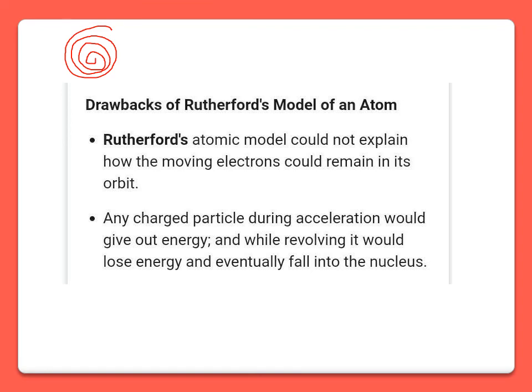It will fall down in the nucleus. So Rutherford could not explain how the moving electron is stable in its orbit. And the second drawback of the Rutherford model was any charged particle during acceleration would give out energy, and while revolving it would lose energy and eventually fall into the nucleus. Right?